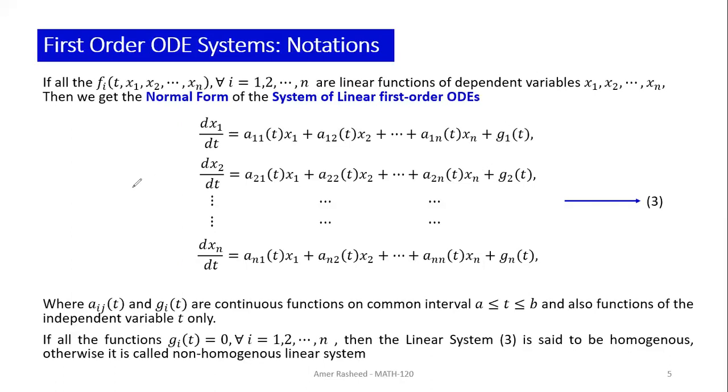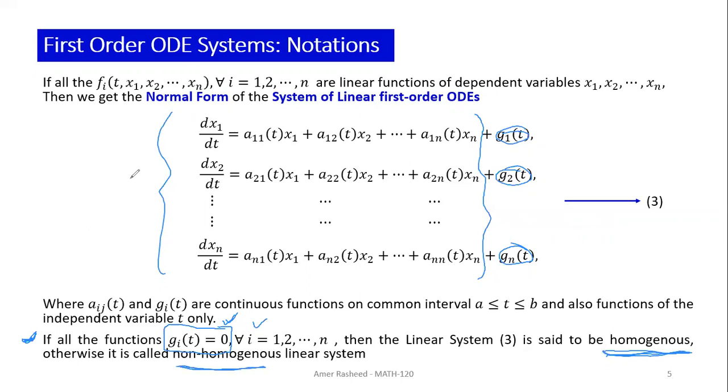One more thing which is important to mention here: if all the functions gi(t), where i goes from 1 to n, are 0, then this system is called a homogeneous linear system. Otherwise, it is called a non-homogeneous linear system. I hope you got it.